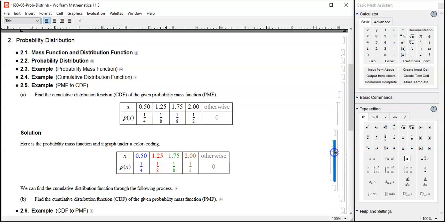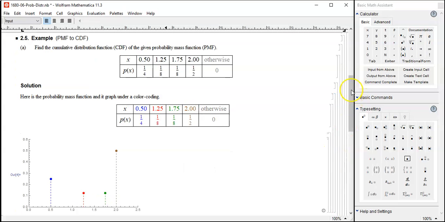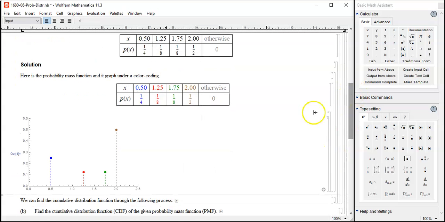And this is the graph of the mass function. We have four masses, blue, red, green, and brown, and the height corresponds to the probability: 1/4, 1/8, 1/8, and 1/2, at the x values 0.5, 1.25, 1.75, and 2.0. Alright, that's a mass function.